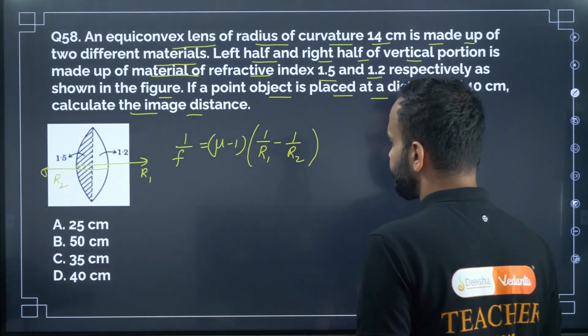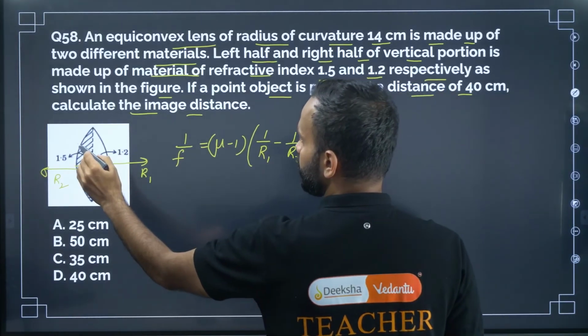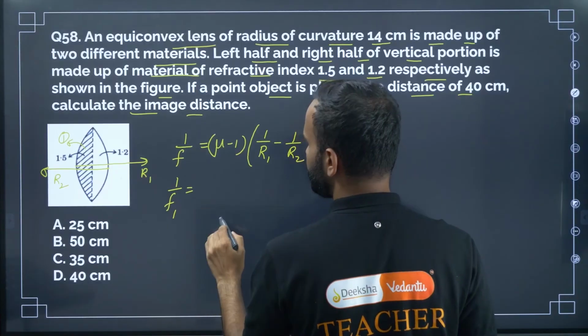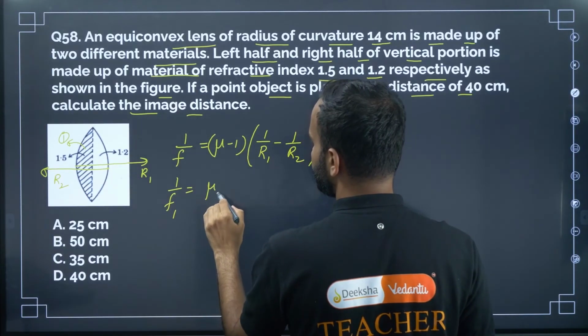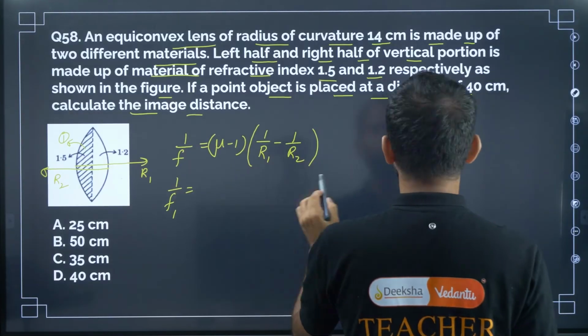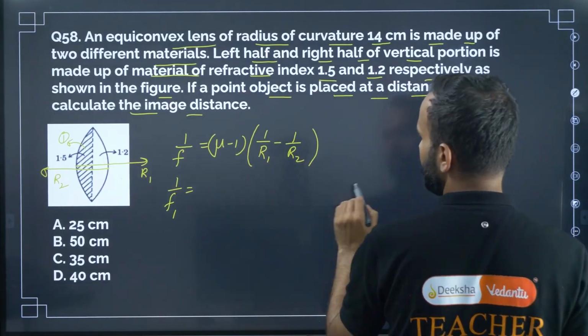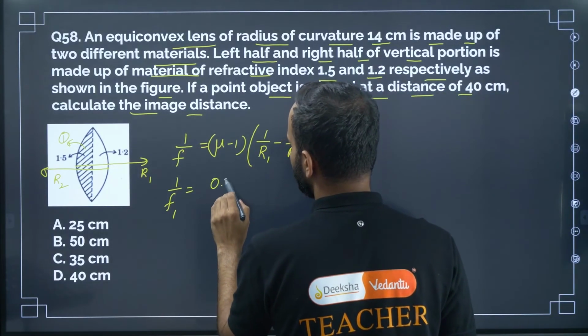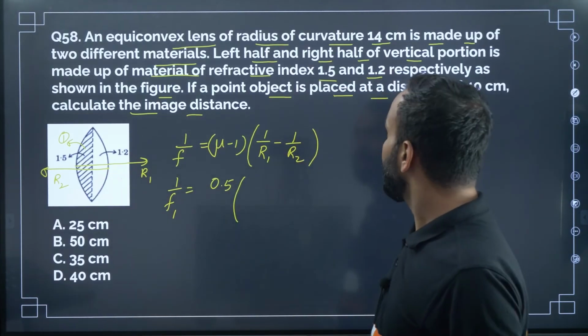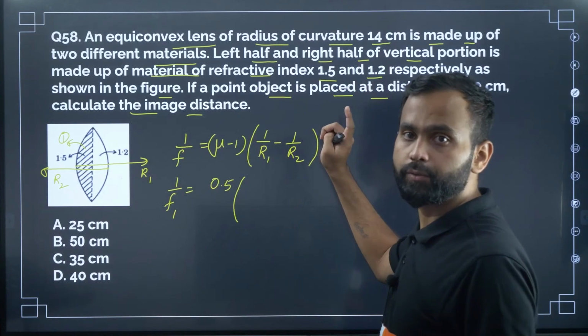Now for the first material, 1 divided by f1 equals (mu1 minus 1), where mu1 is 1.5, so 1.5 minus 1 is 0.5, times 1 divided by r1. What is the value of r1, plus 14 centimeter or minus 14 centimeter?